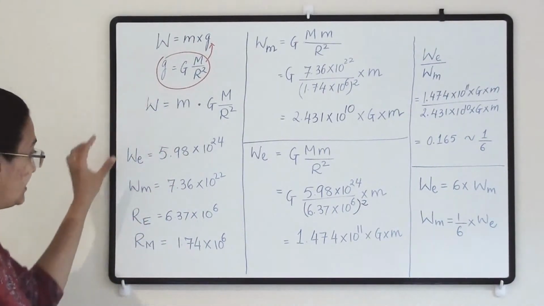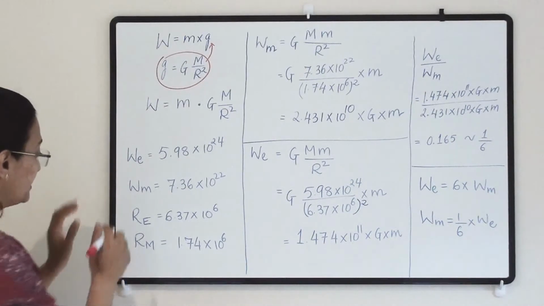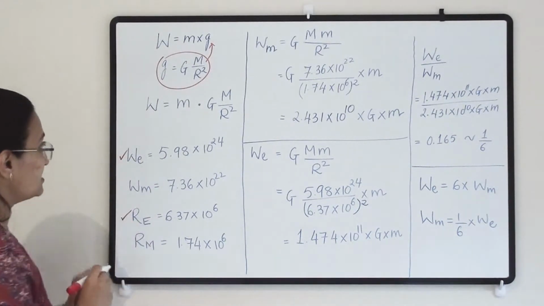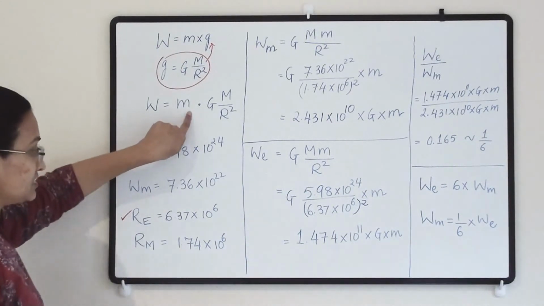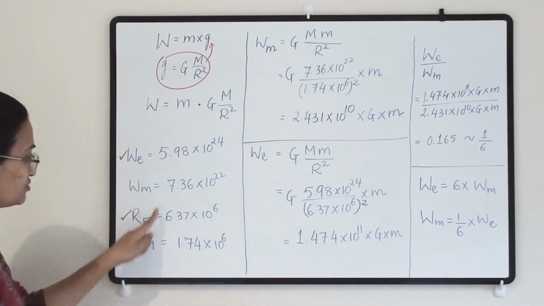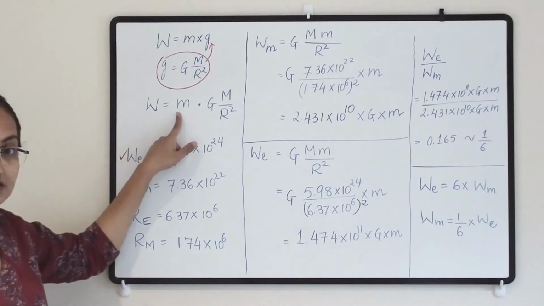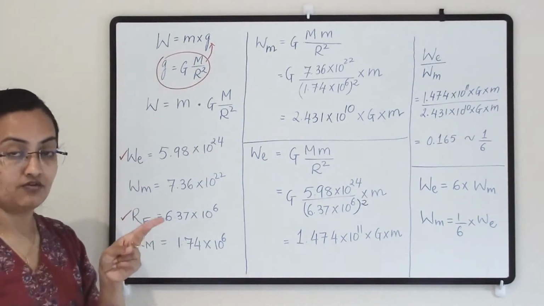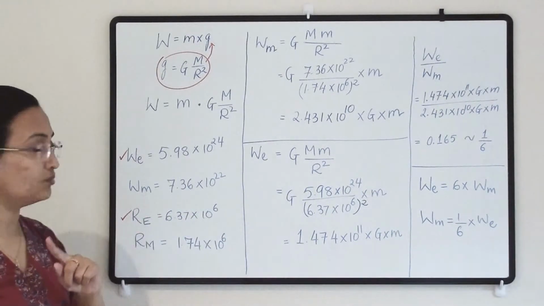First we are calculating for the earth: the earth's mass and the earth's radius we are substituting in this equation, and later we take the moon's two values and substitute them in this equation. By doing so we will get two different weights, the weight on the earth and the weight on the moon.